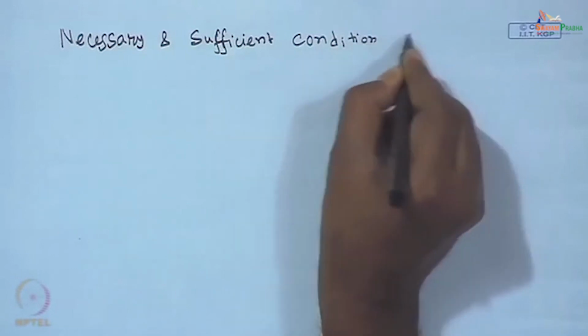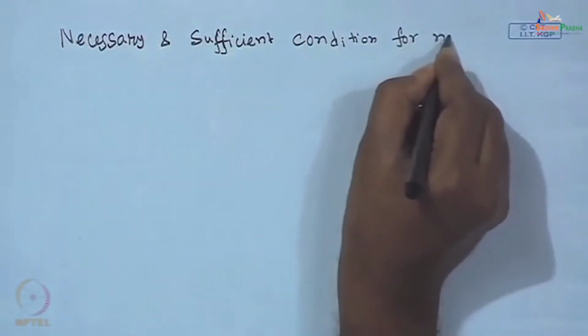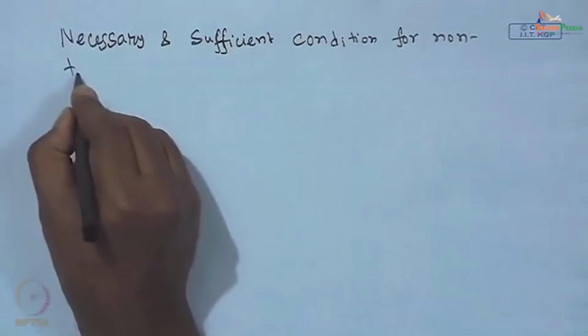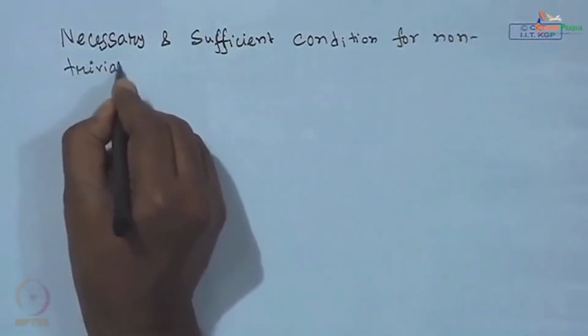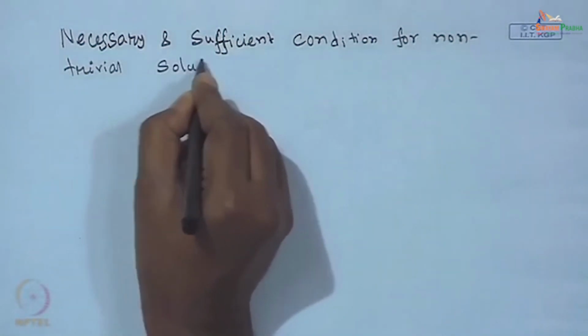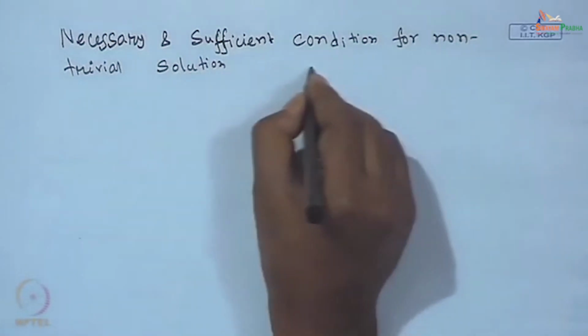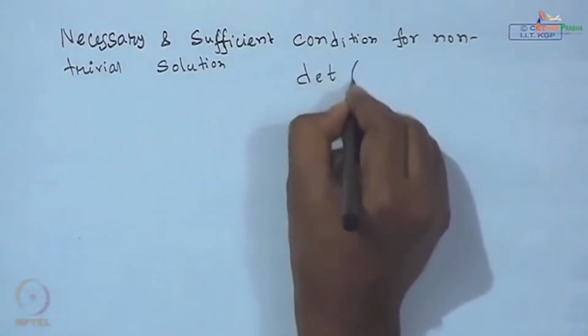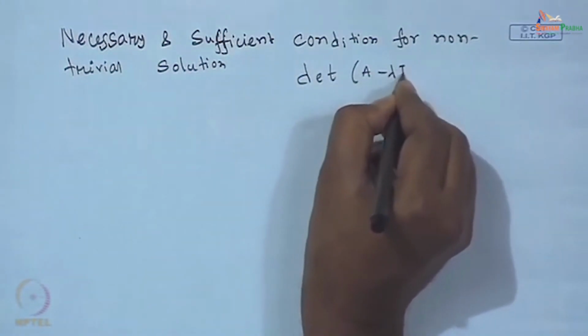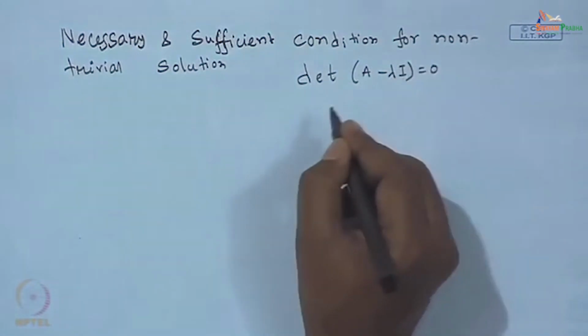The condition for a non-trivial solution is that the determinant of A minus lambda I is equal to 0.